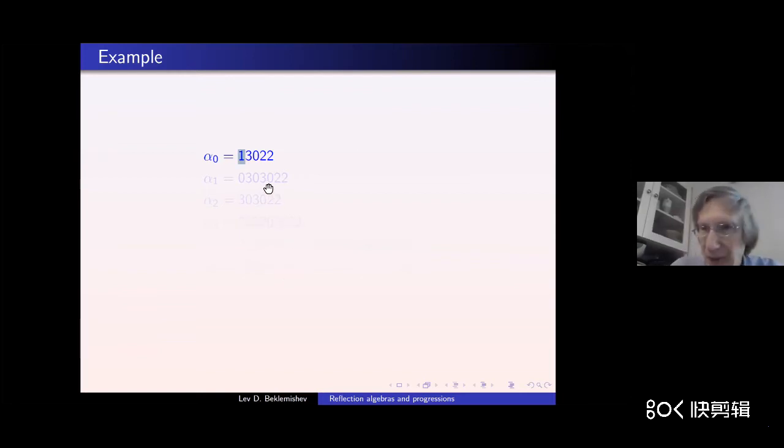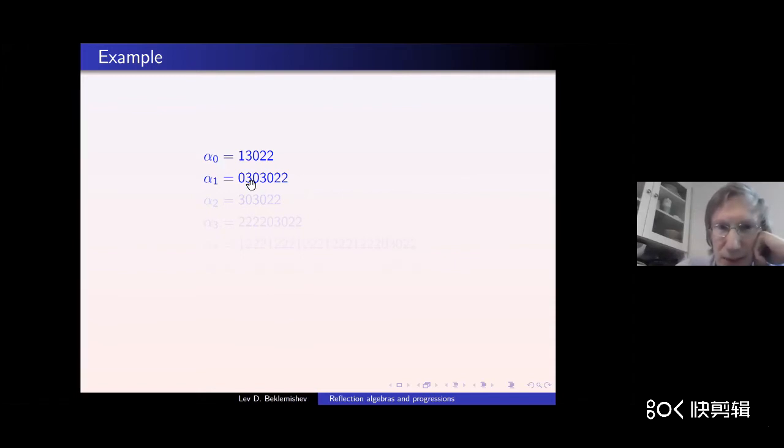The prefix that I'm talking about will be the 2 letters before the 0, which is the first letter below 1. And then we should repeat it 2 times because it's the first step of our game. So we obtain the word 0303022. So rule number 2 was applied to alpha 0.